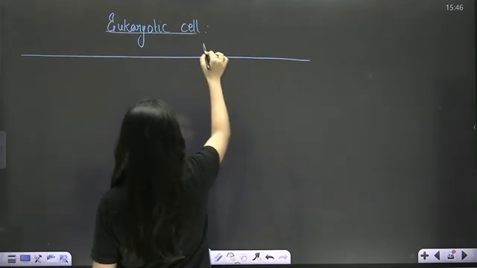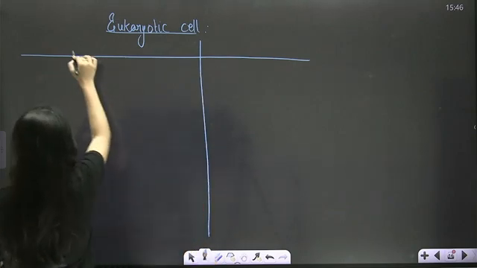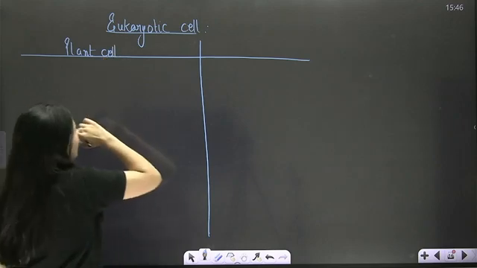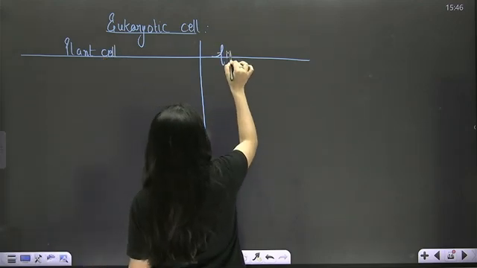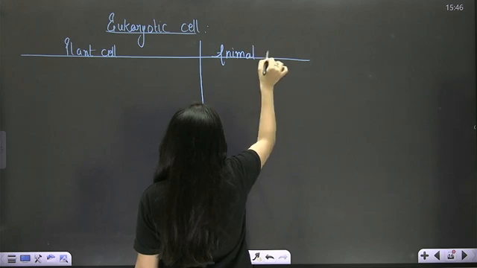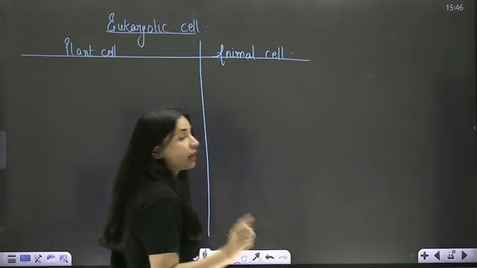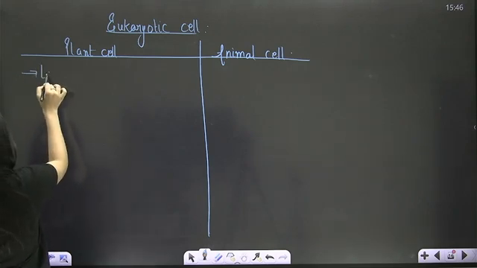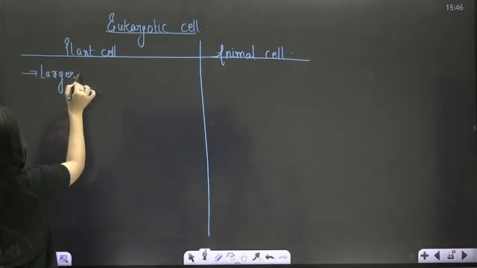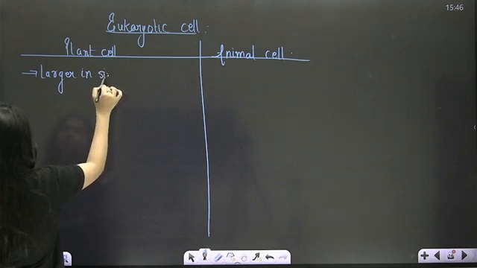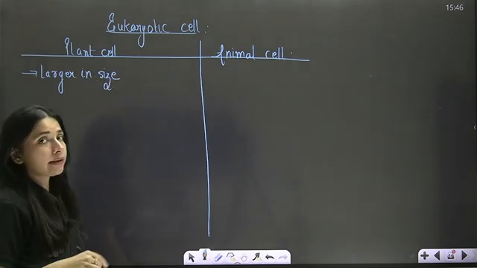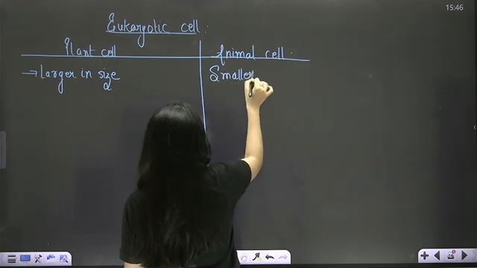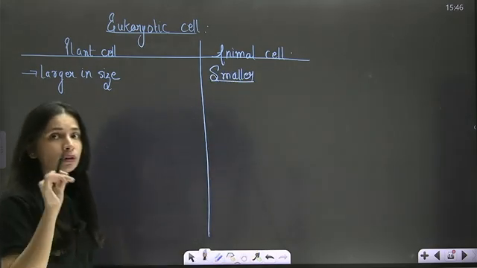So divide your notebooks into two columns as plant cell and animal cell. So first point of difference is plant cells are comparatively larger in size as compared to animal cells. So you will write that they are smaller in size. First point of difference.